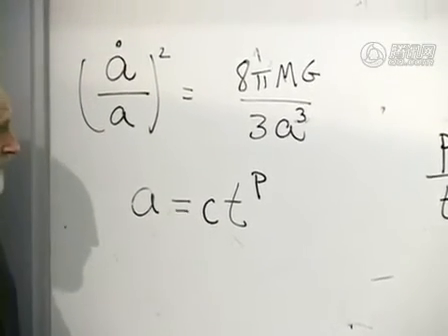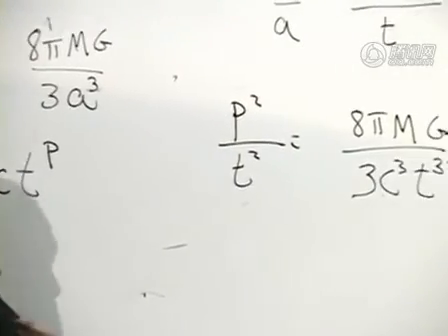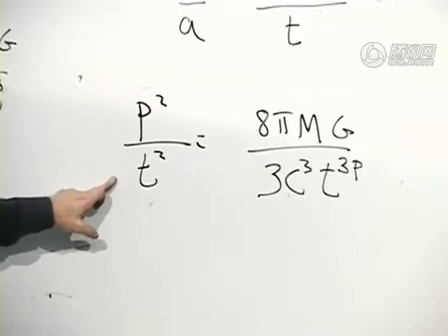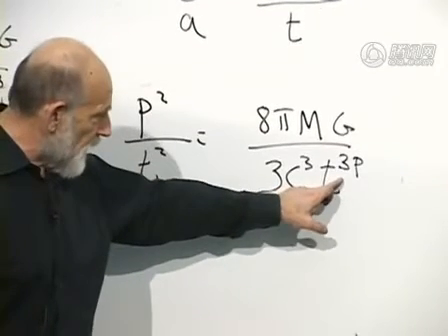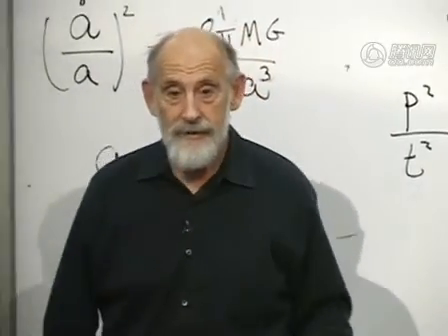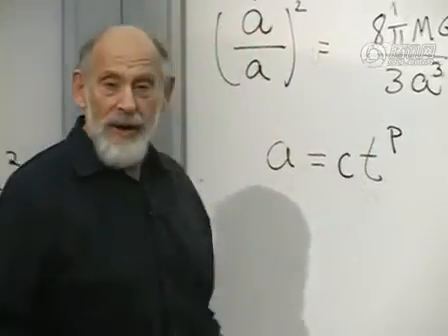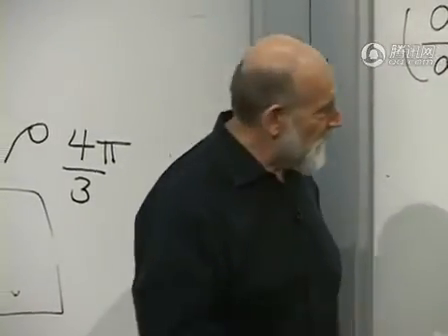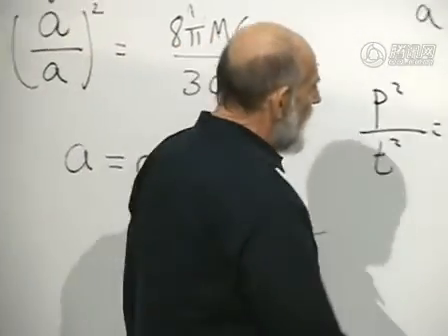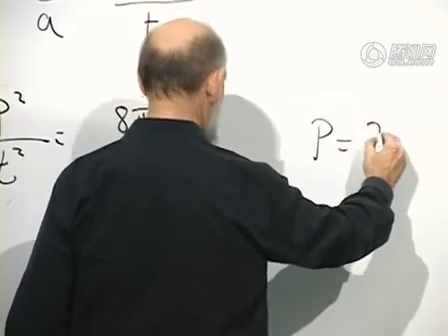First question, can the left-hand side and the right-hand side possibly be the same? How can it be that something which goes as 1 over T squared can also go on the right-hand side as 1 over T to the 3P? If P is 2/3. Yeah, that's the only way. So the first thing we find out is that this equation can only be solved if P is equal to 2/3.